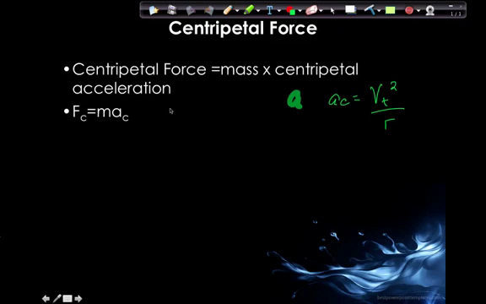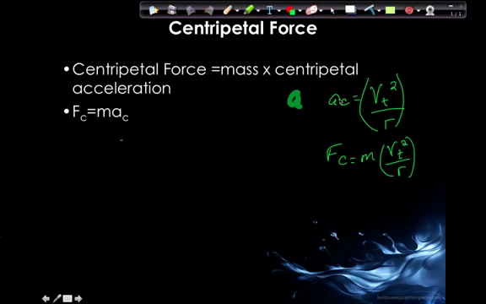I know that's what it equals. So I could substitute this in because it is equal to a_c. I could have centripetal force is equal to the mass times v_t squared divided by the radius. That's really the same thing.